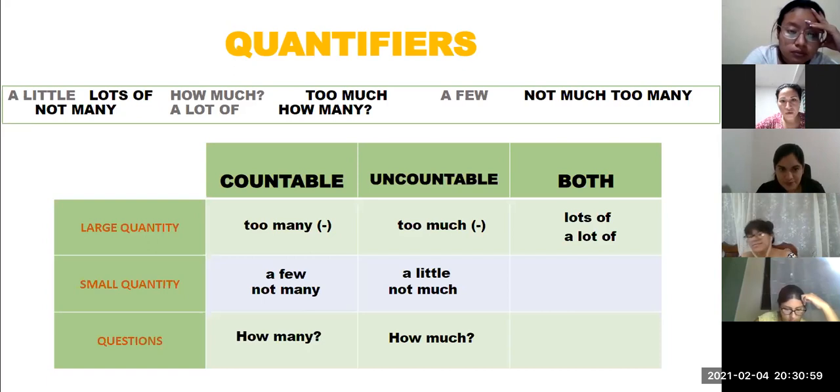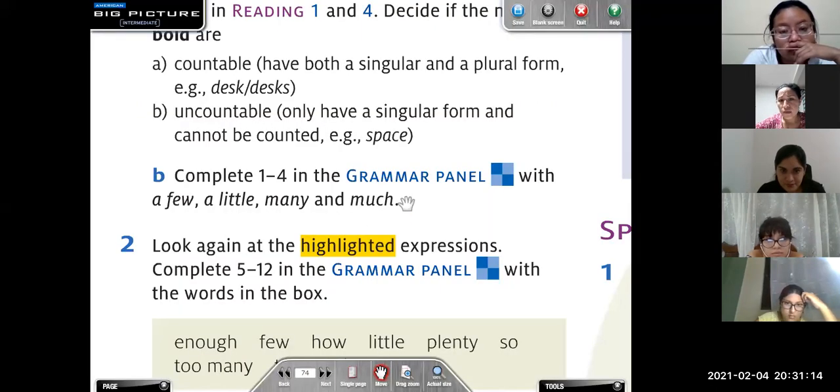Many? Countable. Large or small? Large. Large quantity, right? Much. Uncountable.